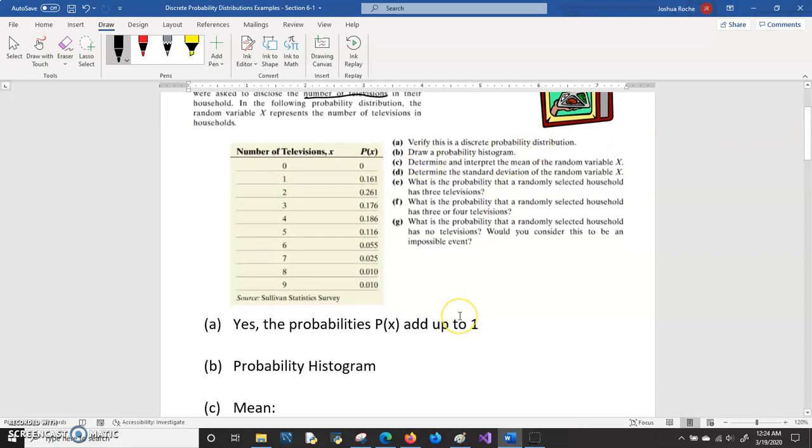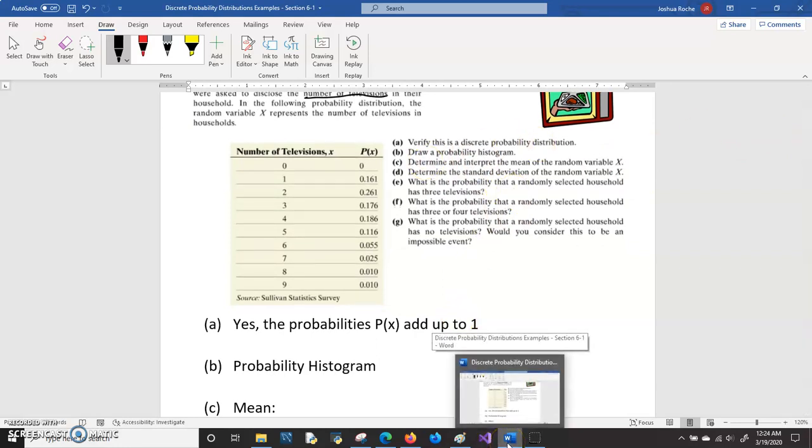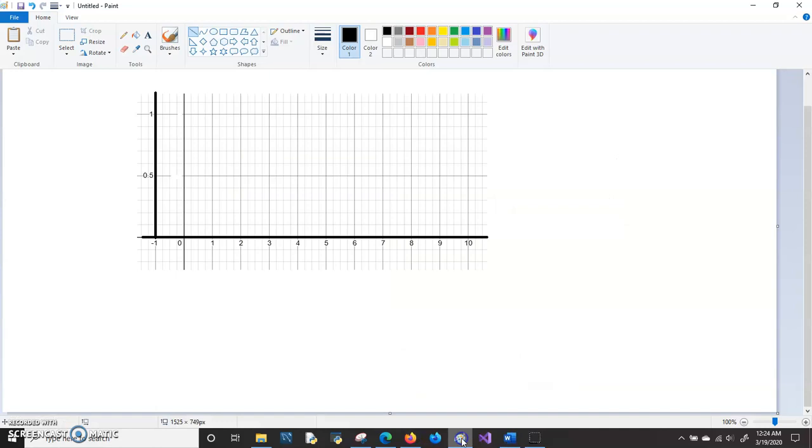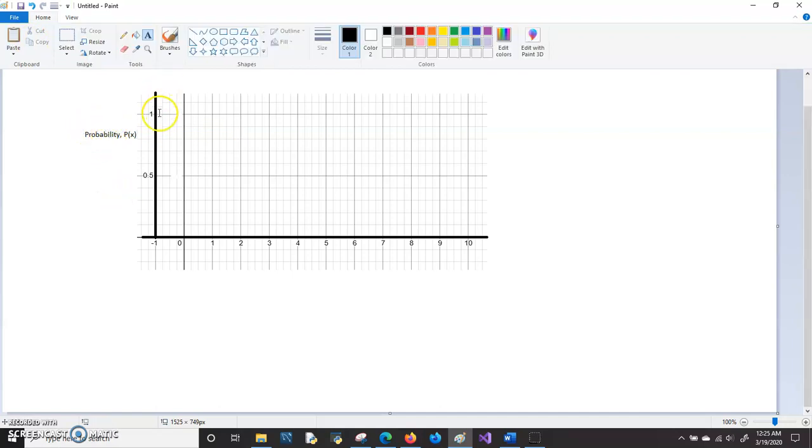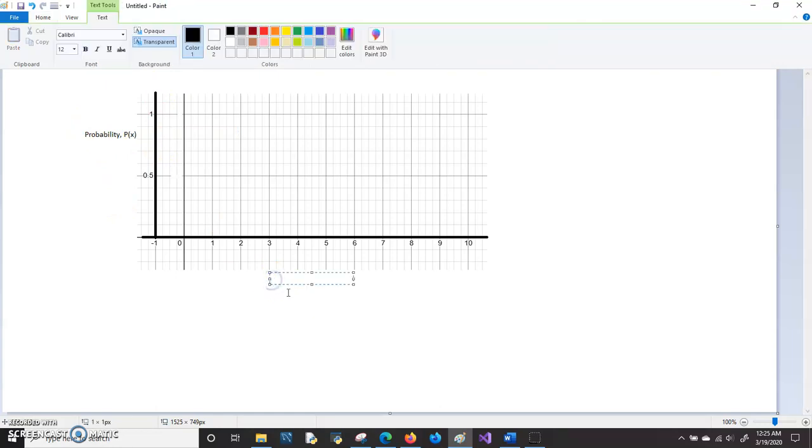These are histograms like what came up in chapter 3. So here's the axes all set up. It'll be good to label these axes. In this case, it's a probability histogram. The y-axis is going to be probability, and then the x-axis is whatever the variable represents.